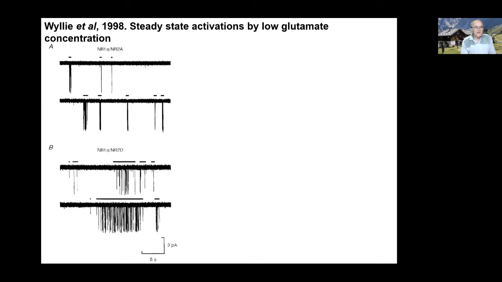With the 2D subunit, we get much longer activations. They're a bit difficult to define, but again, the horizontal line marks where we think each activation of the channel begins and ends.